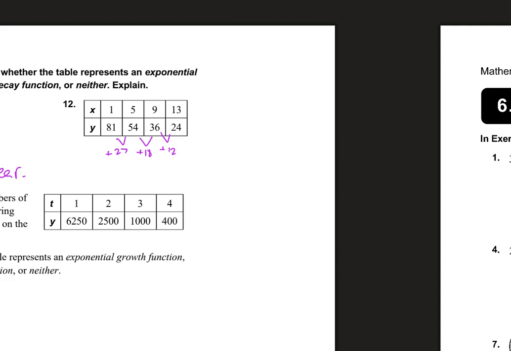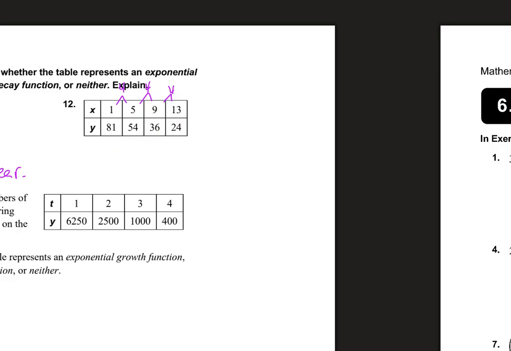I guess I'm writing subtraction, but really we're going the opposite way, aren't we? So minus 27, minus 18, minus 12, and then this is going by 4, by 4, by 4. So we're fairly okay with that not being linear, right? Because it's not an exact slope each time.